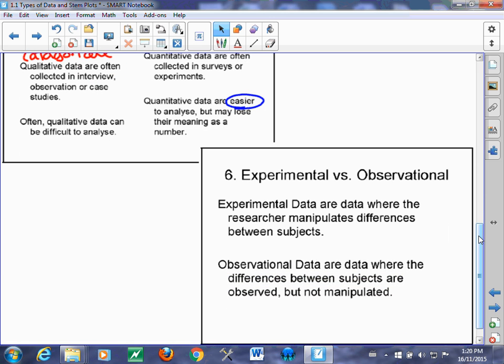All right, number 6, experimental versus observational. Experimental data is data where the researcher manipulates differences between the subjects, whereas observational data is where the differences in the subjects are not manipulated.